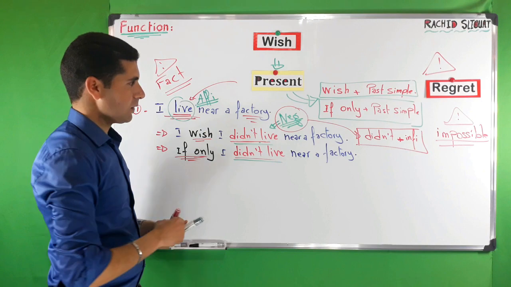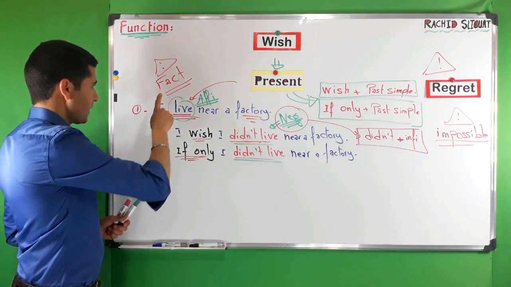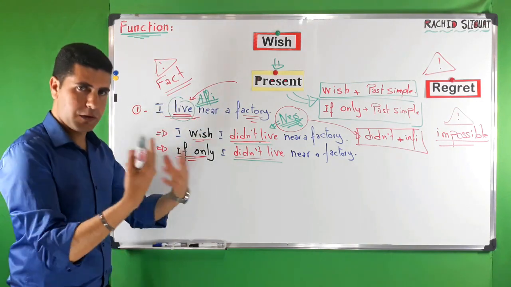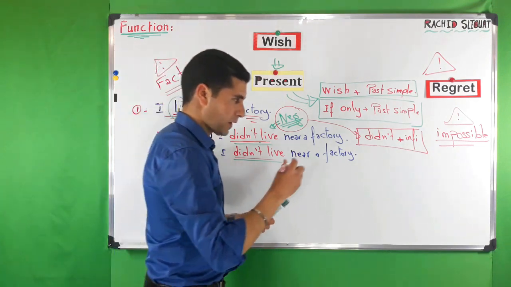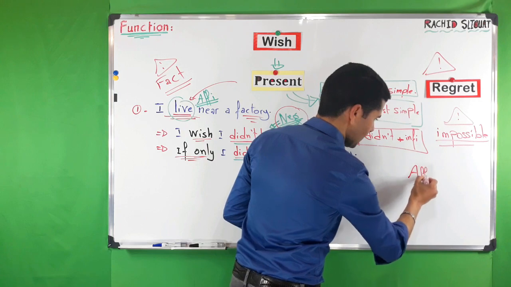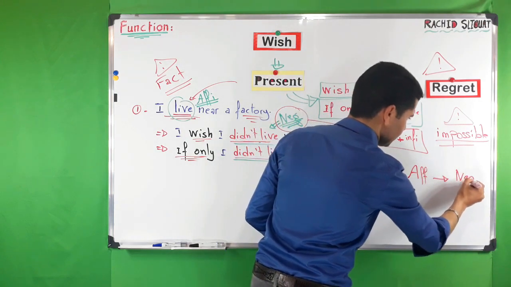Now, if this is in negative, in the wish, in expressing a wish, it becomes affirmative, okay? So very simply, if the fact is affirmative, in the wish it becomes negative, okay?